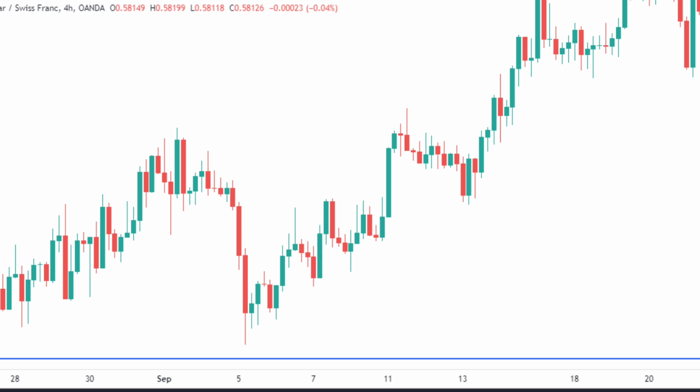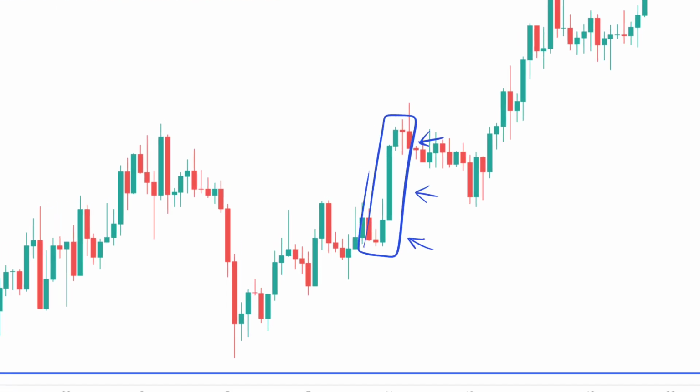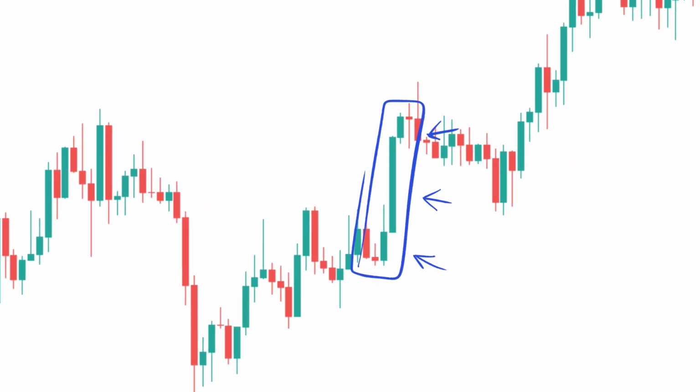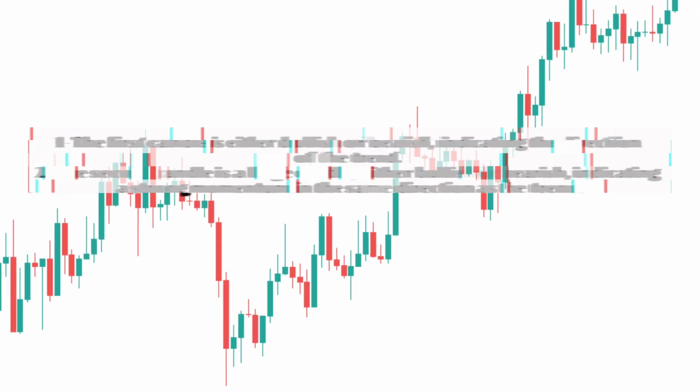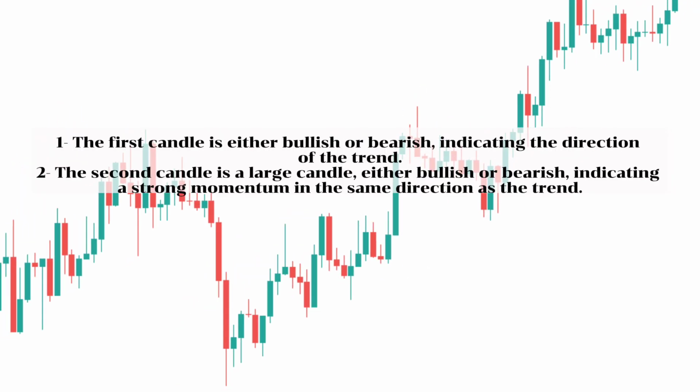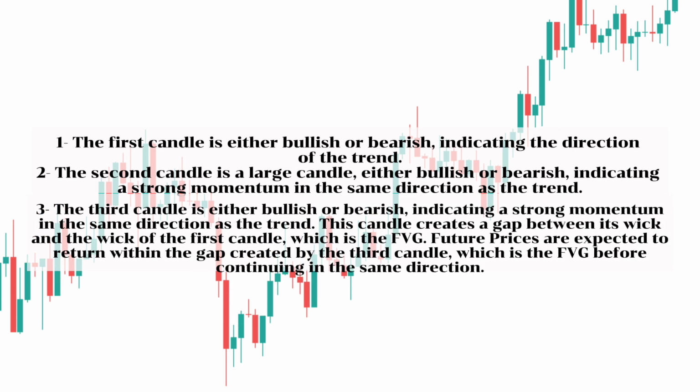It is very easy. All you need to do is look for a three-candle formation that meets the following criteria. 1. The first candle is either bullish or bearish, indicating the direction of the trend. 2. The second candle is a large candle, either bullish or bearish, indicating a strong momentum in the same direction as the trend. 3.